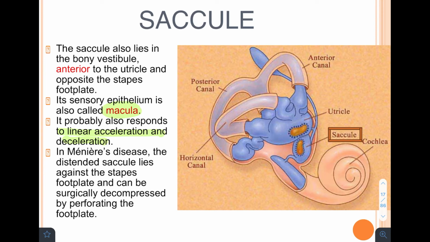The saccule lies at a depth of 1 millimeter from the footplate. In Meniere's disease, the saccule gets distended because of decreased absorption of the inner ear fluid. Because of this, the saccule lies against the stapes footplate. So this is from where you can approach it and surgically decompress it by perforating the footplate.